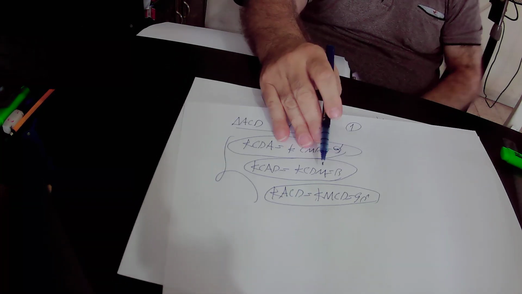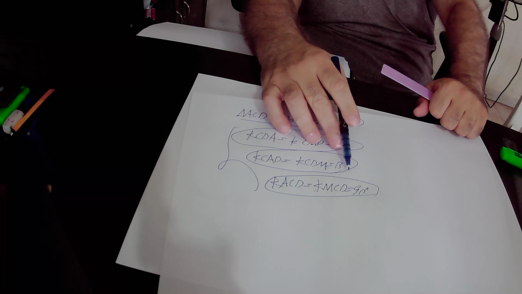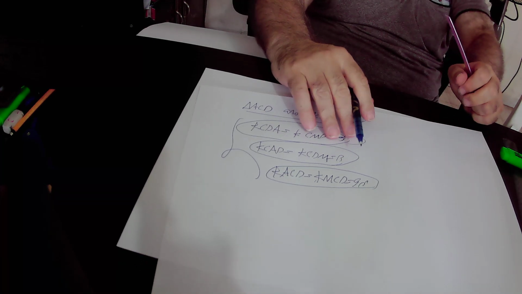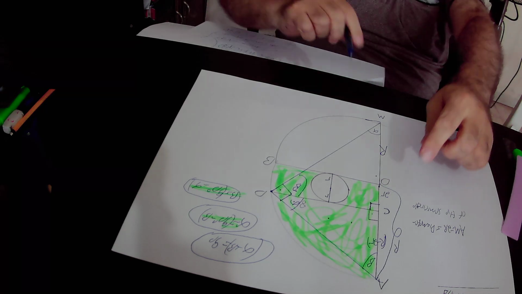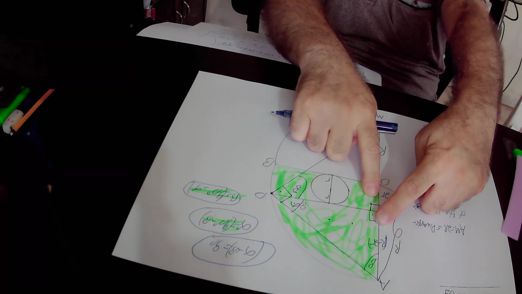Angle ACD equals angle MCD. They are both equal to 90 degrees, therefore they are equal to each other.